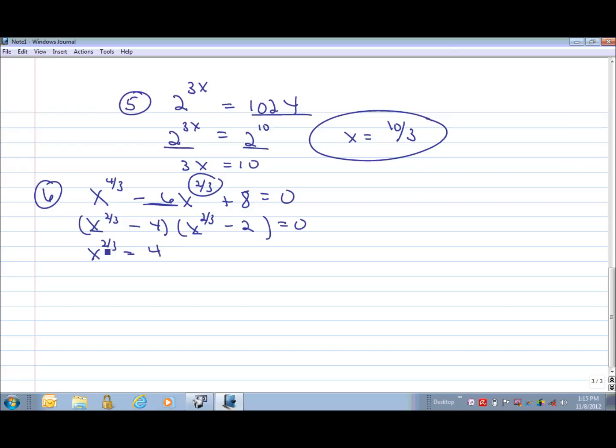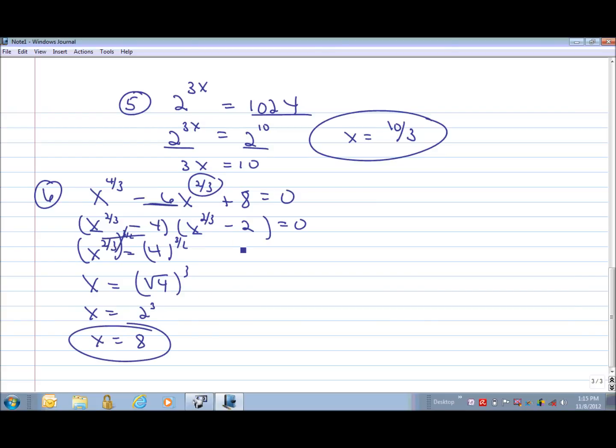And all of a sudden, I can raise the 2 thirds to the 3/2 power on both sides. That will cross out over here, and I would have x is equal to 4 to the 3/2, which is the same as the square root of 4, then raised to the 3rd power. So the square root of 4 would be 2 to the 3rd power, which would leave us with 8.